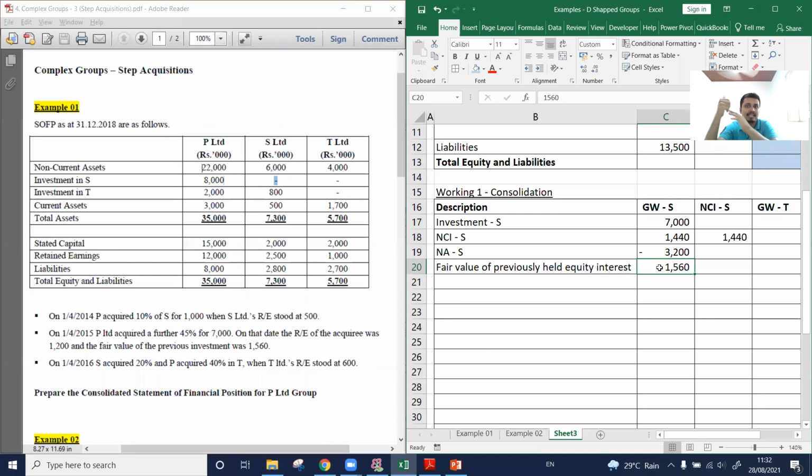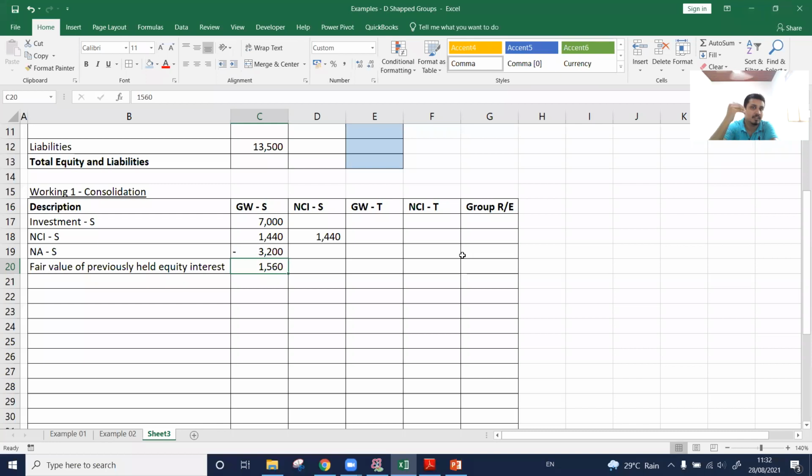Then it does not balance. Credited is 1,000 and debited is 1,560. Where do we send that difference? The difference is 560. Where do we need to consider that? The investment value has increased, so is it a gain or a loss for us? It is a gain. The difference we need to adjust to group retained earnings.